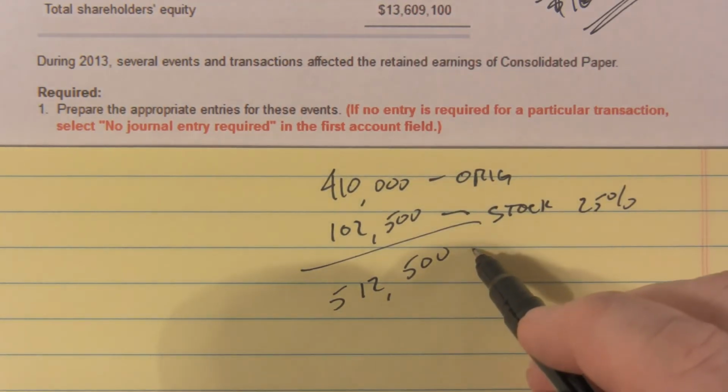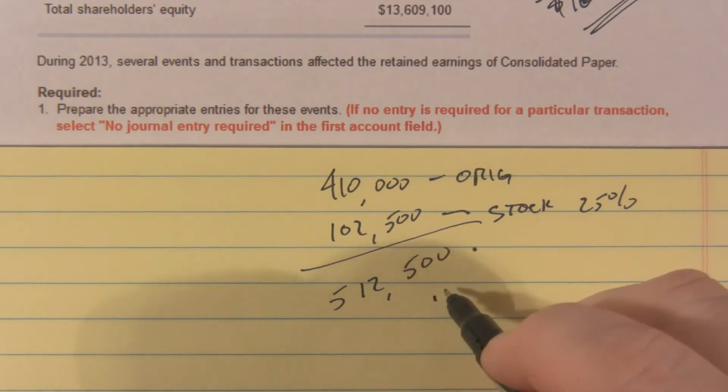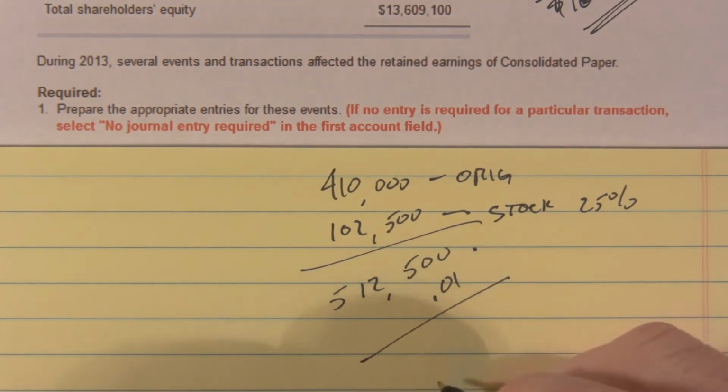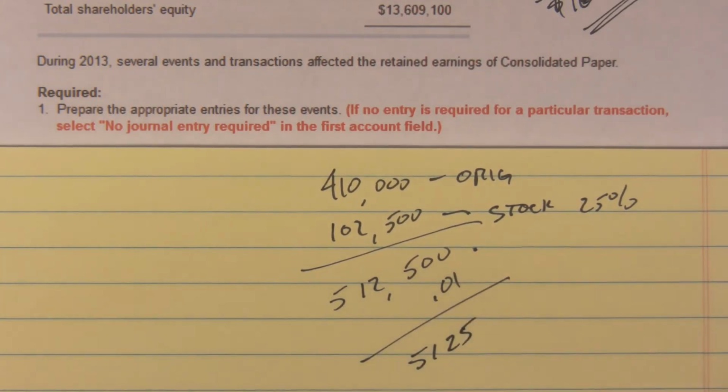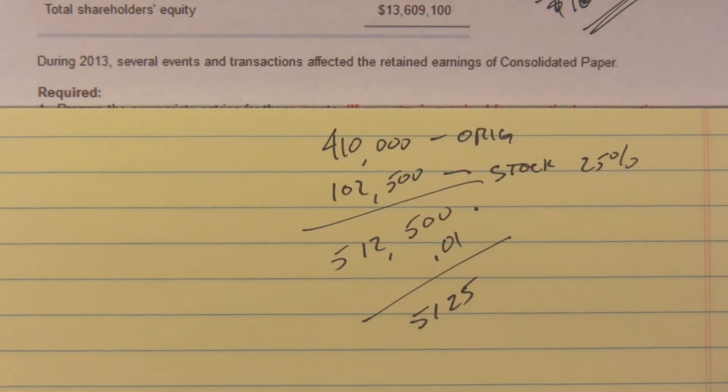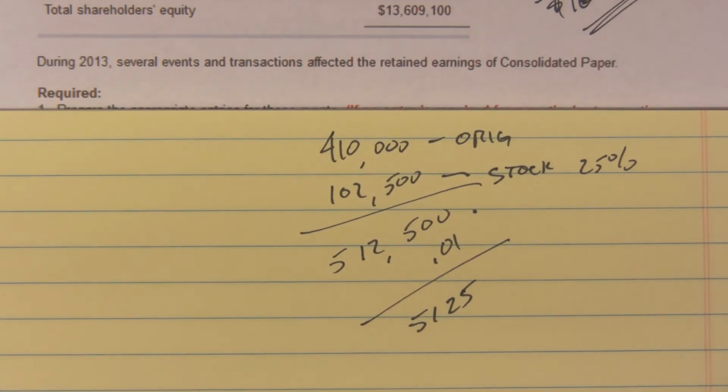So that's the number of shares that were out. 1% of that is 5,125 shares. So that's how many shares we'll be giving out right now, okay?